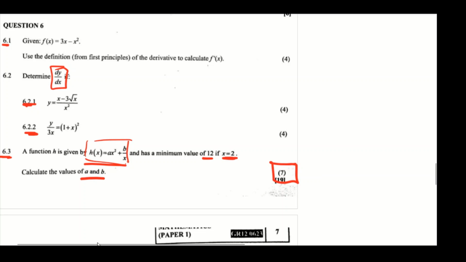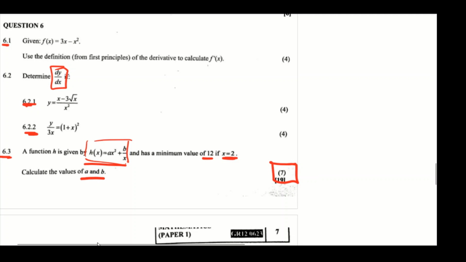We can't really say it's a parabola because this is b over x, so it just changes. Maybe it's a cubic function. I don't know. But we know very well that when they say it has a minimum value, you're going to use your x being equal to 2 to find the minimum value.